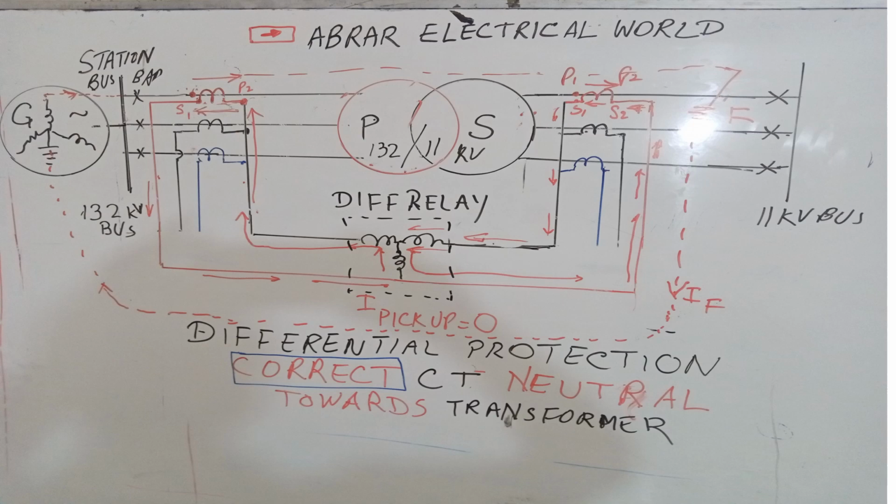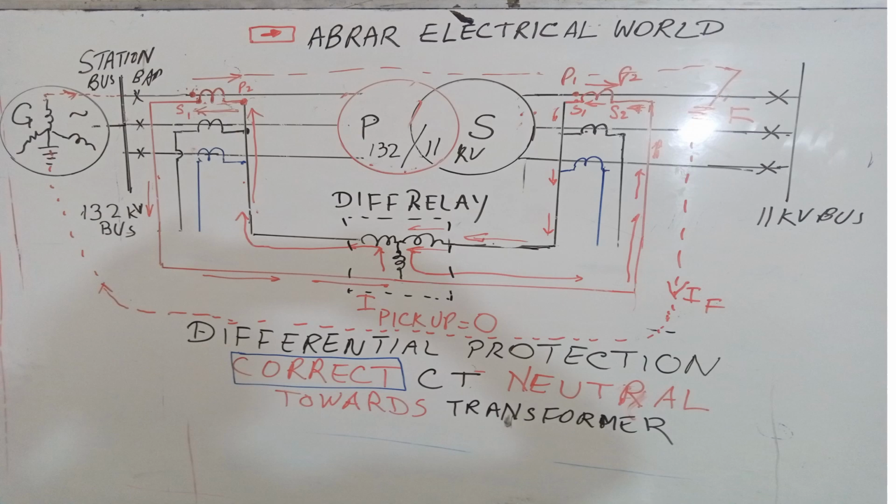Just look at my cursor and then you will understand. Here what is happening? The current is like this. See? So in the relay coil, the current is in the opposite directions. That is the difference of the current of both the sides. This is down, this is up.